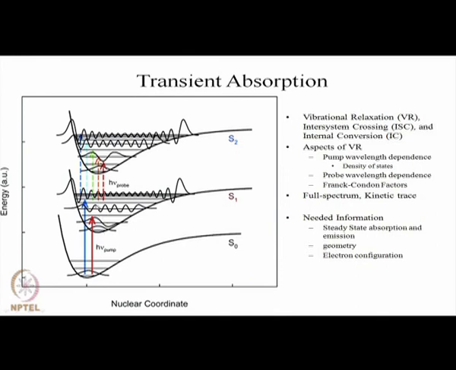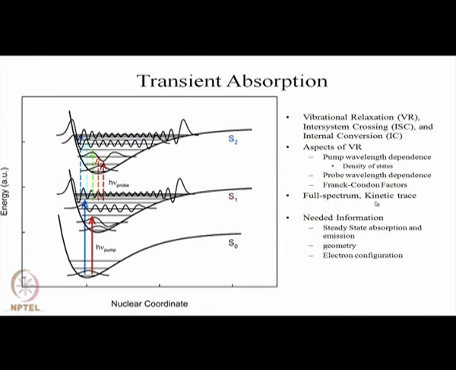It is called vibrational relaxation. Say from 1, 2, 3, 4, say it is excited to the 5th ladder, it will come back to the lowest ladder of S1. So it is called vibrational relaxation. Maybe intersystem crossing from S1 to say T, maybe internal conversion from S1 to S0, okay.